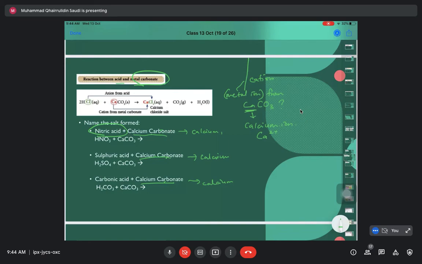Nitrate. Kalau react dengan sulfuric acid, calcium apa? Sulfate. React dengan carbonic acid, calcium apa? Carbonate. Good. Kalau react dengan ethanoic acid, ethanoate. Yes, ethanoate. Good. Jadi calcium ethanoate.